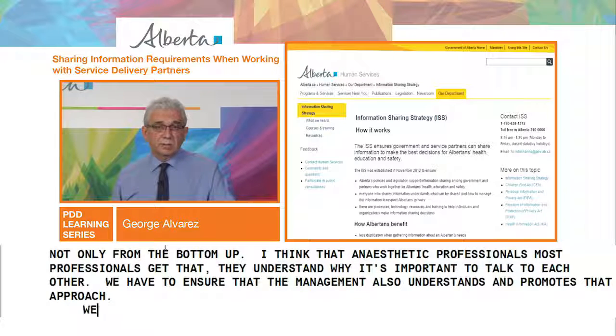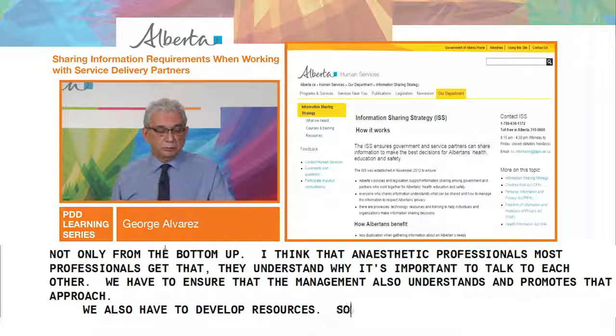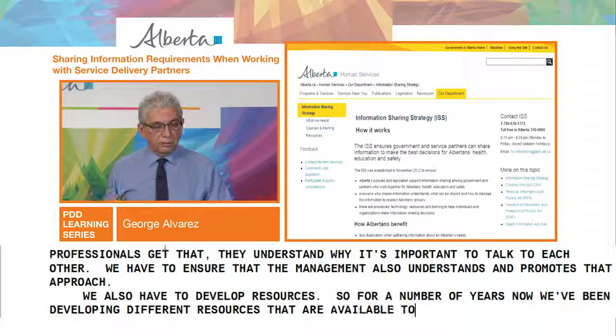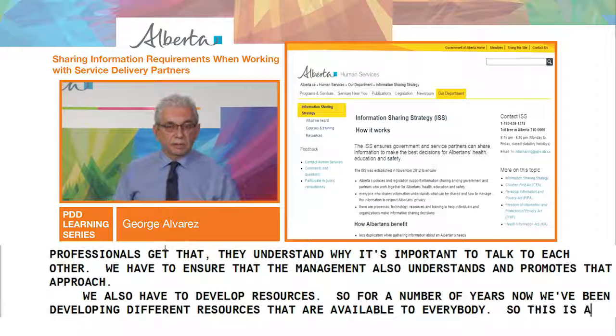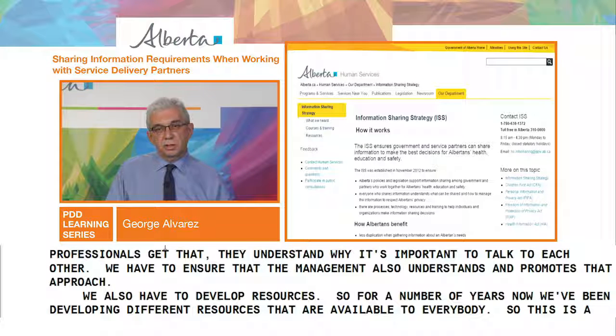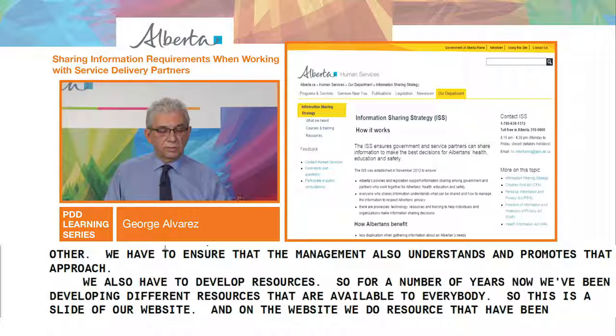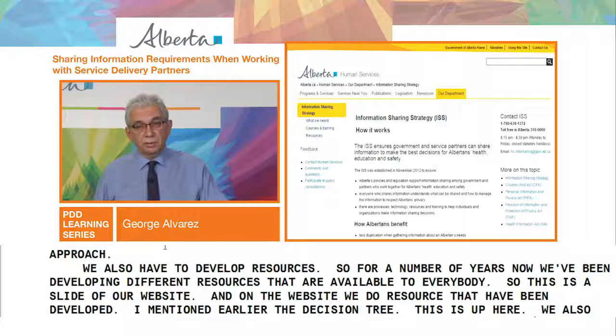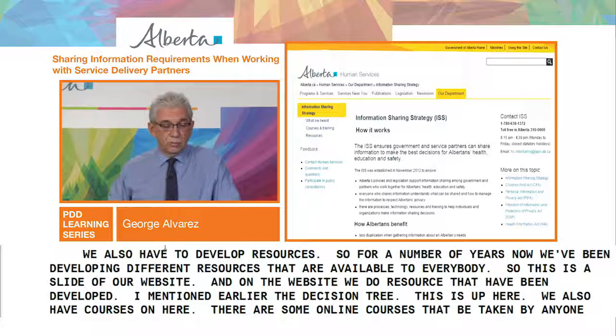We also have to develop resources. So for a number of years now, we've been developing different resources that are available to everybody. So this is a slide of our website. And on the website, we do have resources that have been developed. I mentioned earlier that decision tree, and the decision tree is up here. There's a different version of that. We also have courses on here. So there are some online courses that can be taken by anyone, whether you're working for government or outside of government, whether you're Joe Public.